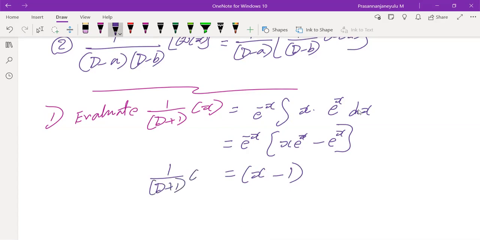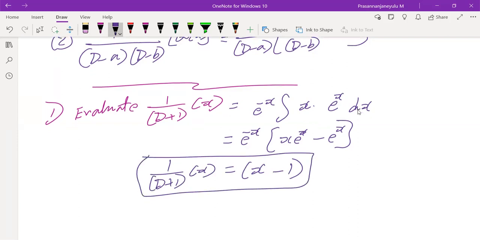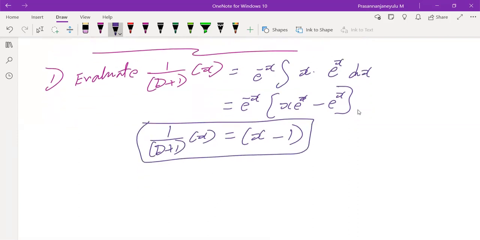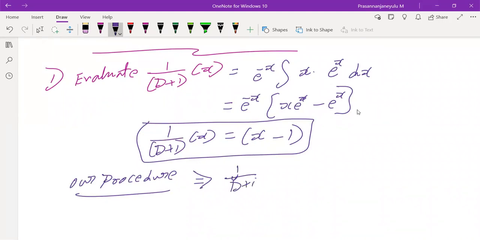This is the process, but we will do the same problem with our procedure. What is the general form of our procedure? Till now we discussed like this. So 1 by d plus 1 of x is equal to, how are we writing this?